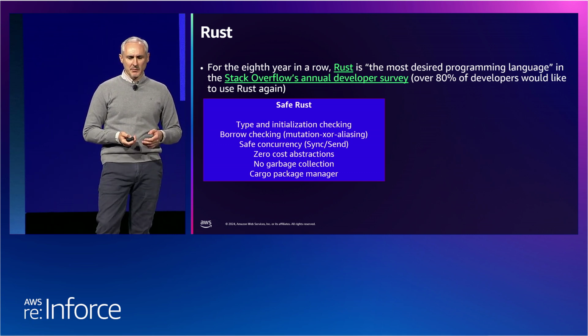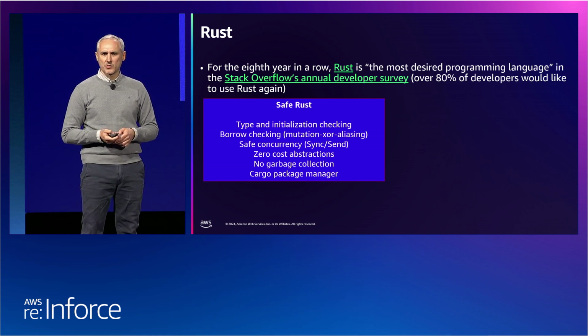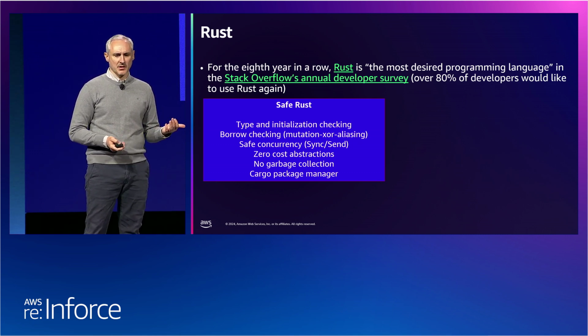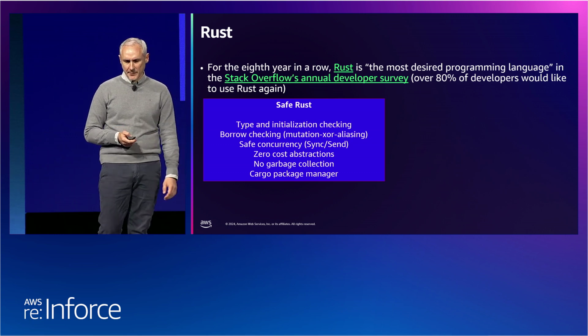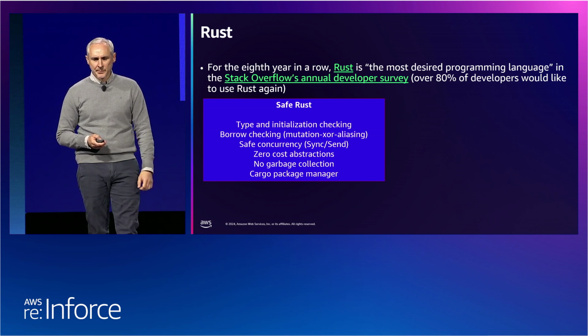Something also worth mentioning is the package management system. Cargo is really sleek. The documentation is really good with Rust, so everyone loves that part of Rust. So opt into Rust and you're going to get all these nice guarantees if you stick with safe Rust.